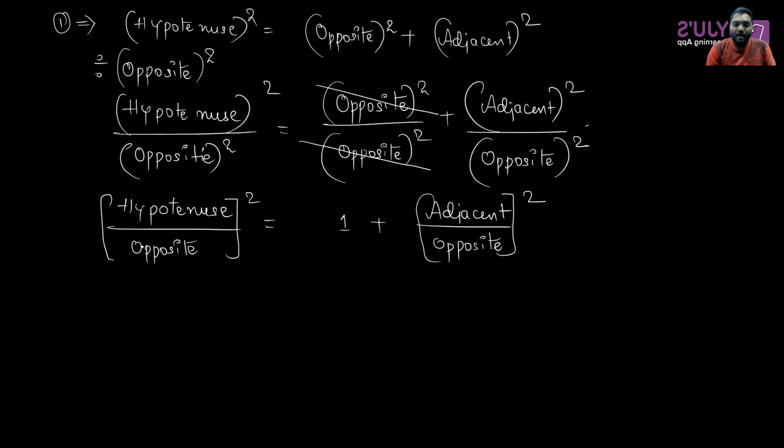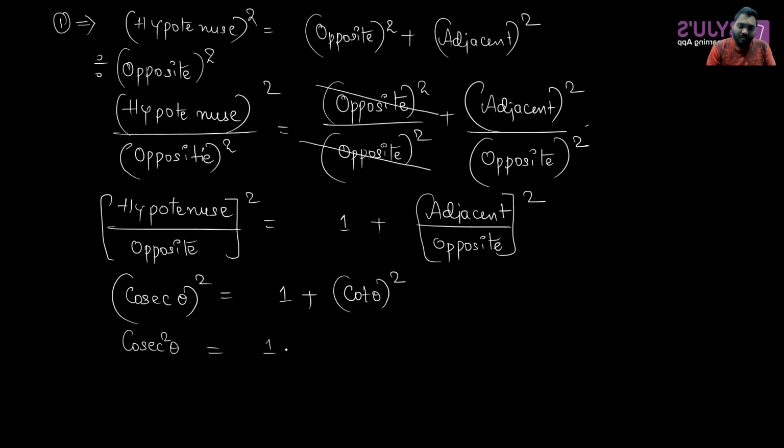The trigonometric ratio which is defined for hypotenuse divided with opposite is cosecant theta, right? So cosec theta whole square equals to 1 plus adjacent upon opposite. The trigonometric ratio which is defined for adjacent divided by opposite is cot theta whole square. Now simply it can be written as cosecant square theta equal to 1 plus cot square theta.